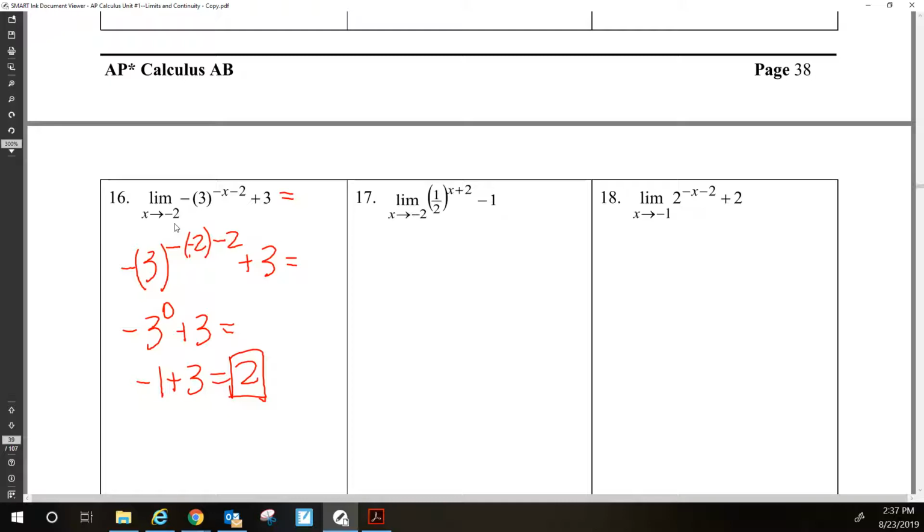For number 17, I've got 1/2 to the minus 2 plus 2 power minus 1. Again, to the 0 power, 1/2 to the 0 power is 1/2. Minus 1 would be negative 1/2.